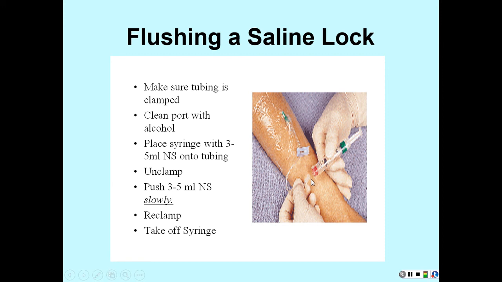Okay, but you're going to clean your port, put your syringe with saline on the end, unclamp it, flush it slowly. Remember, you're just trying to make sure that it's patent and to keep it patent. Then you reclamp it and take the syringe off. That's all there is to it.